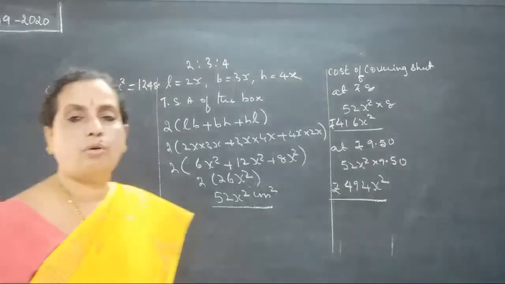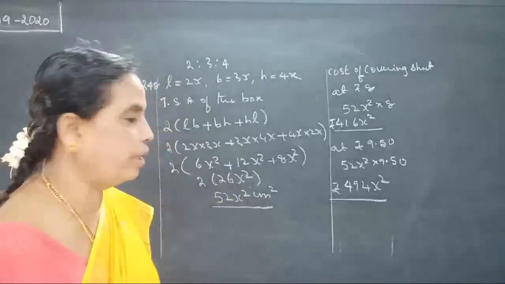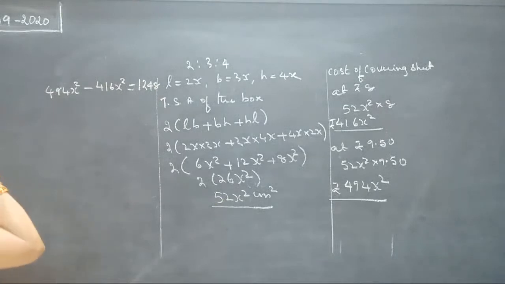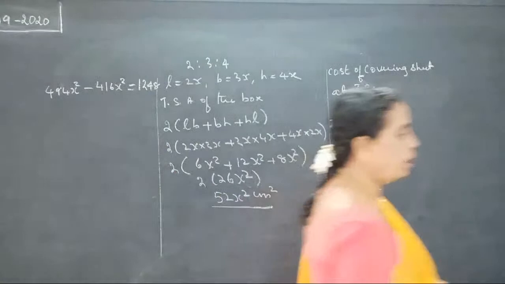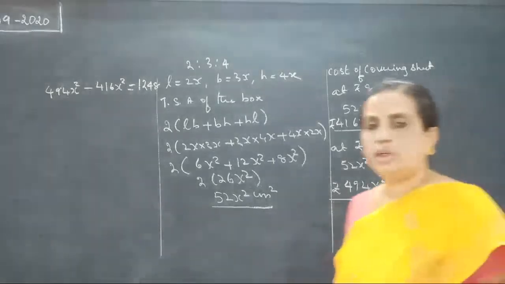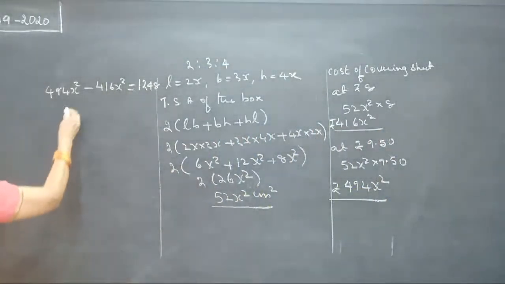Somebody has written 450 something, 416. 494 is the right answer. Okay, so check it once. What is the difference? 494 minus 416. Is 494 correct?